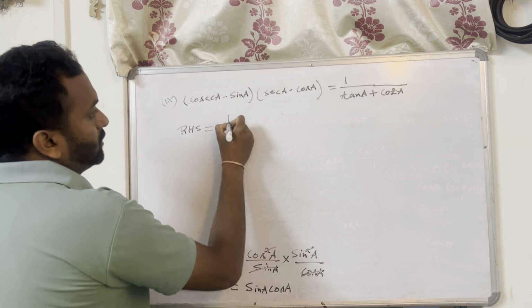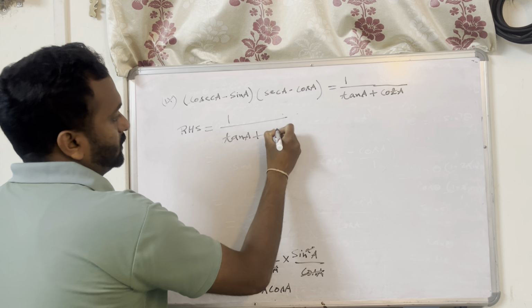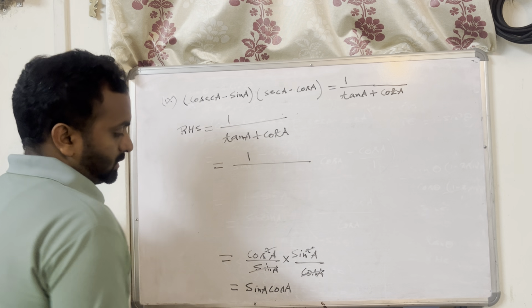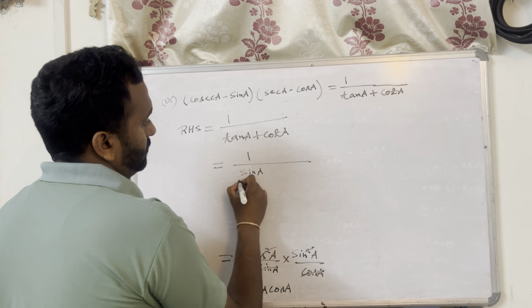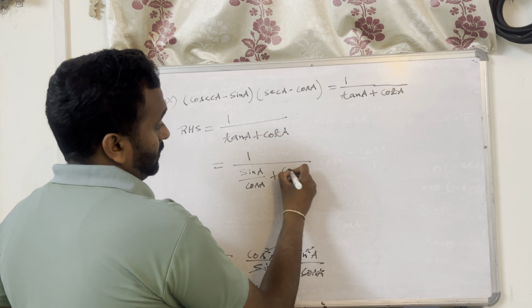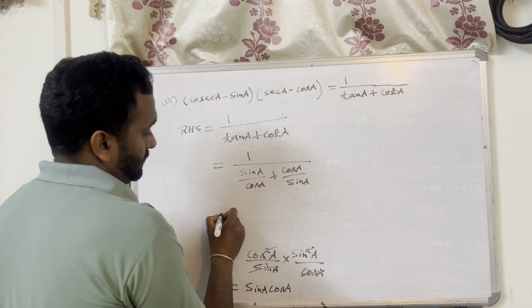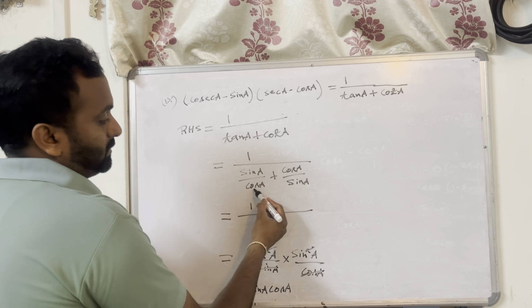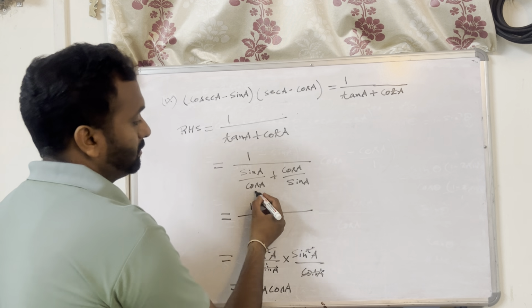RHS is how much? 1 by tan A plus cot A. So tan A we know is sin A by cos A, and cot A is nothing but cos A by sin A. 1 divided by, what is the LCM of cos A and sin A? Obviously nothing is common, so it will be simply the multiple of these two.